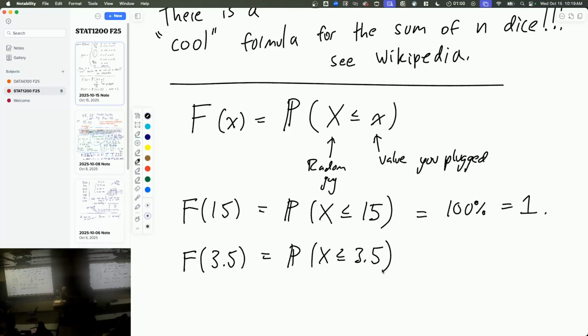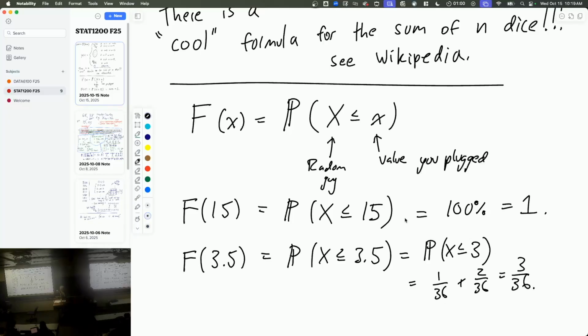What is the chance that the dice roll is less than 3.5? Well, the dice roll can only come out to 3, so this is in fact equal to the probability that x is less than or equal to 3. There is no chance it is between 3 and 3.5, so I might as well just get rid of that in this case. And this one was 1 out of 36 plus 2 out of 36 equals 3 out of 36.